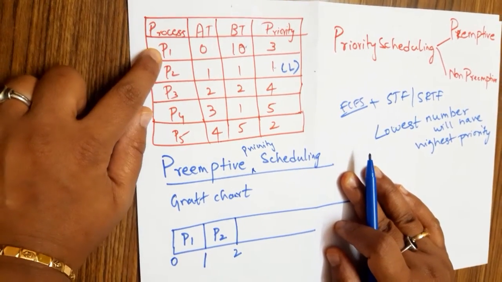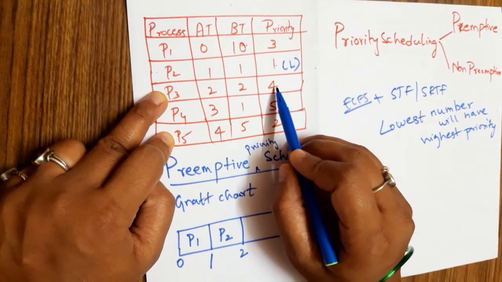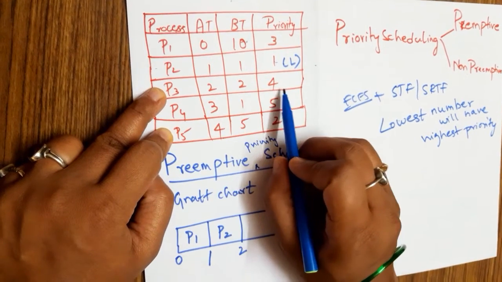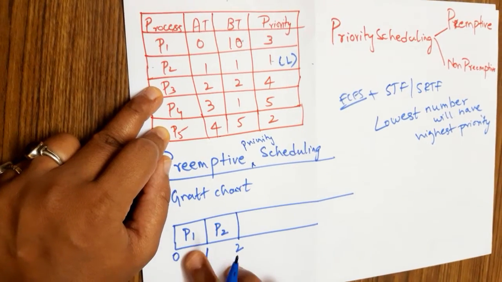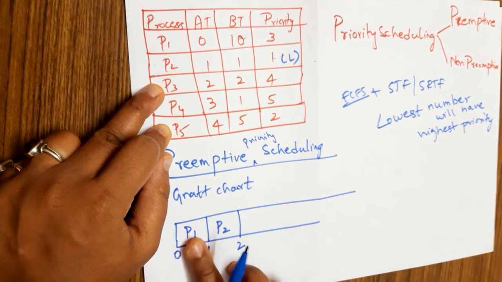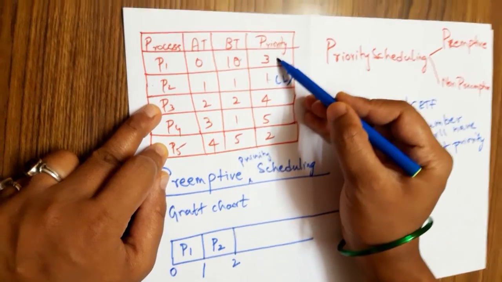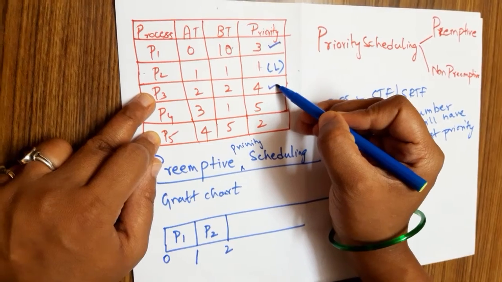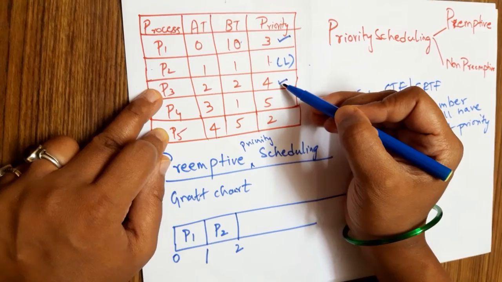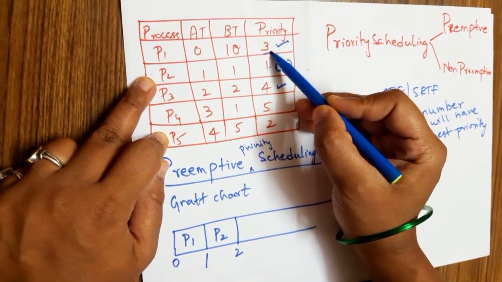Now the remaining processes are P1, P3, P4 and P5. Now I will compare their priorities. Process P3's priority is 4. But process P1 is already in the Gantt chart, and it is paused. So I compare process P1 and process P3's priority. P1 has the lower number, 3.